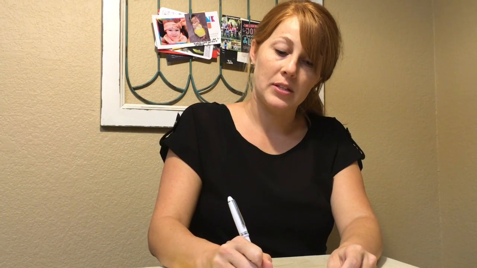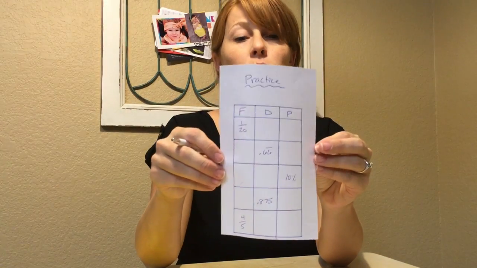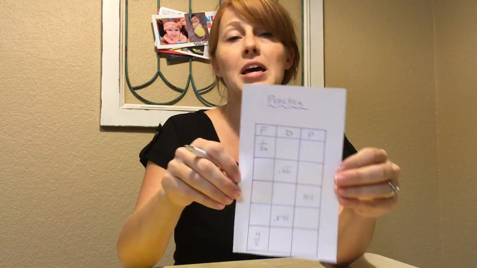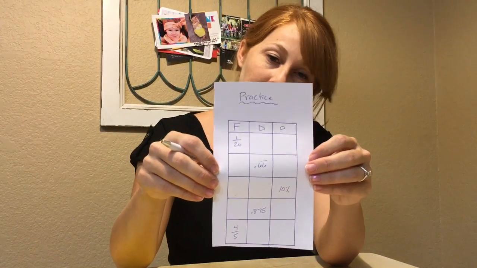So maybe I'll put 1/20th as the fraction and 0.66 repeating for a decimal, and then the next row maybe I could do 10%, and then maybe 875 thousandths, and then last 4/5. So again, it's just random, whichever ones you want to pick off, and you could change this out every time to make sure that the students know them all.